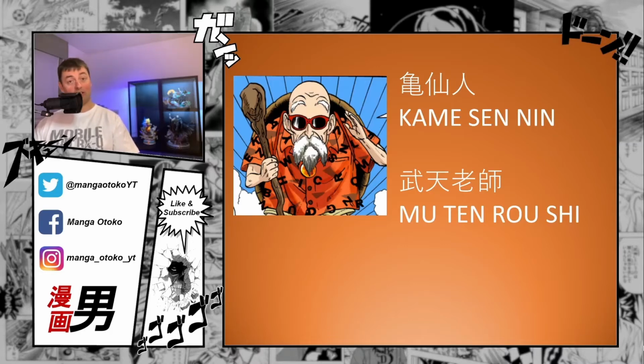However, he also is referred to by a second name, namely Mutten Roshi. Now, this is a bit of a peculiar one, because the first character, Mu, can also be pronounced Bu, the same Bu as in Budo, martial arts, right? So that matches. The second character, Ten, refers to the heavens.